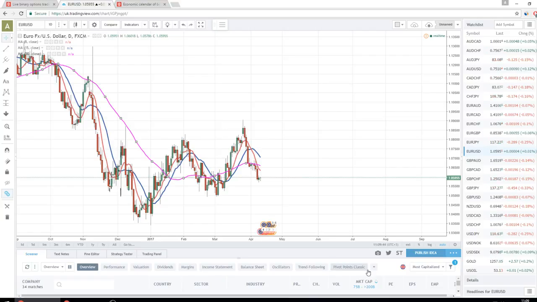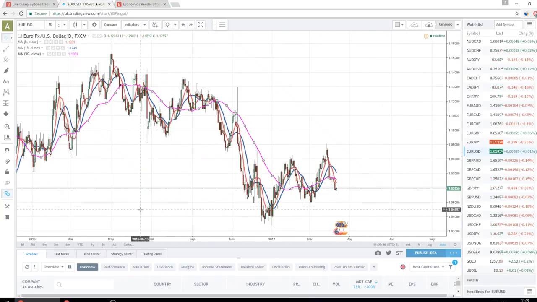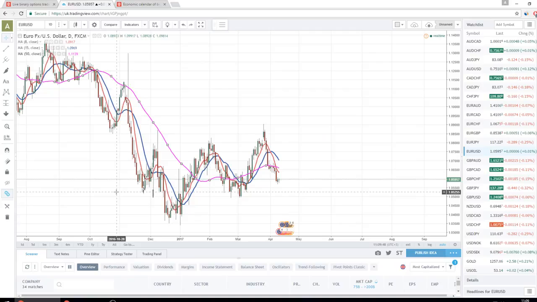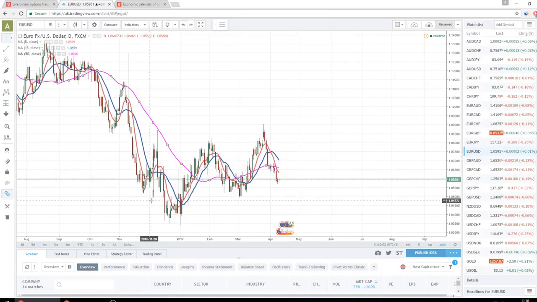Right now we have three moving averages on this chart. One of them is pretty smooth, two of them follow the current changes of the price, so they react to the jumps of the market, and partially they can be influenced by the noise that we have.